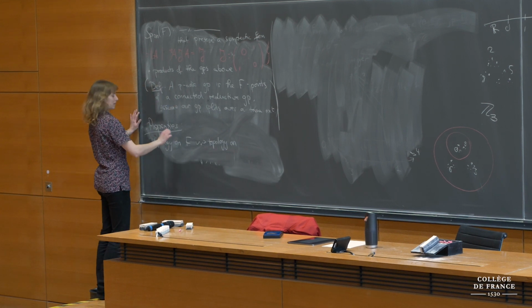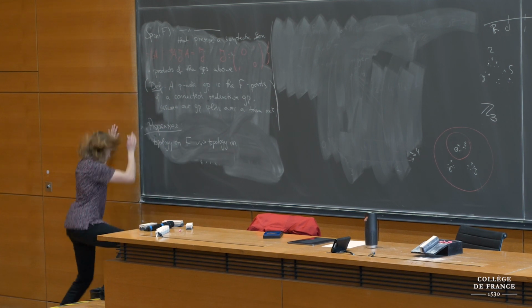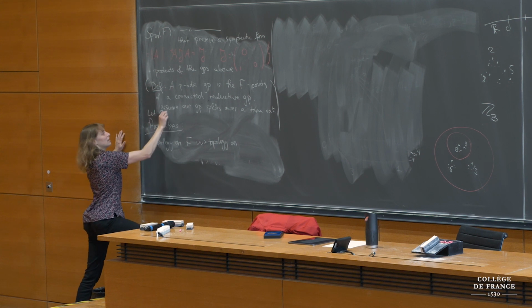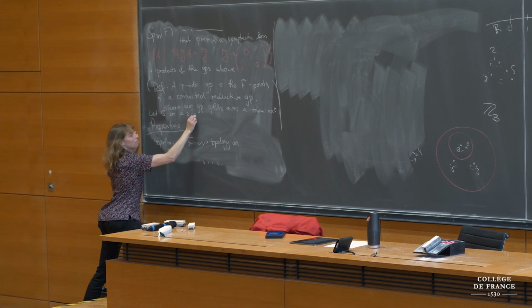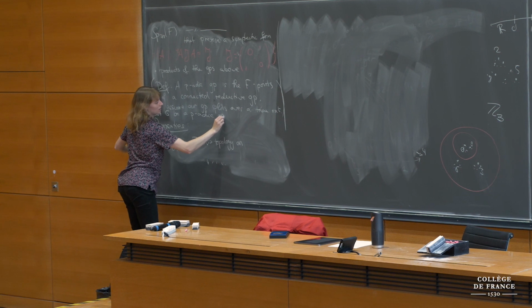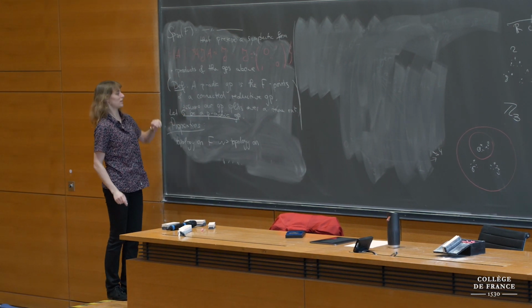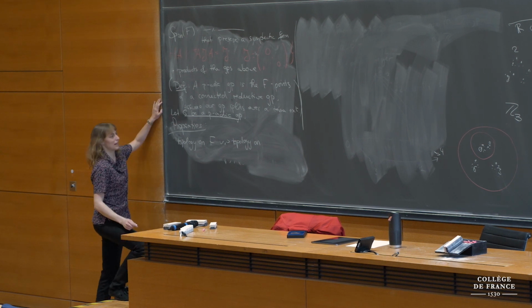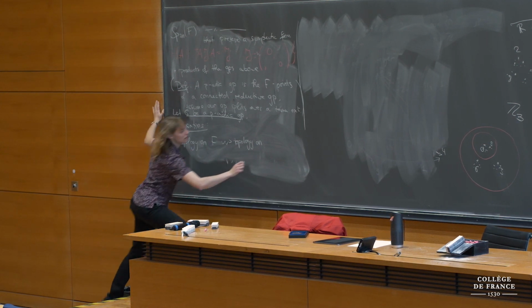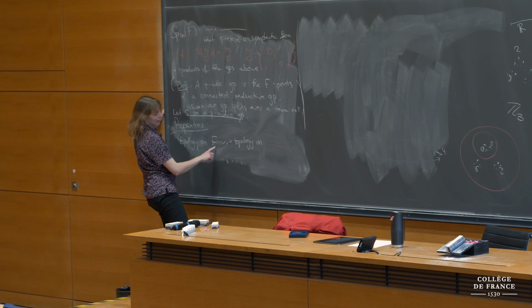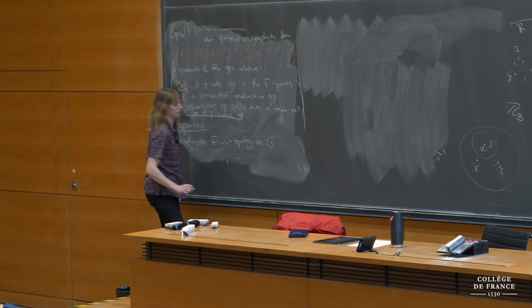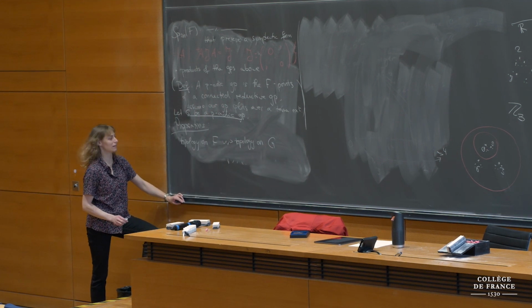So let me maybe introduce some notation. Let G be a p-adic group. So from now on, G is always a p-adic group. For the experts, one that's split over a tame extension. And then the topology on the field F gives us a topology on the group G.